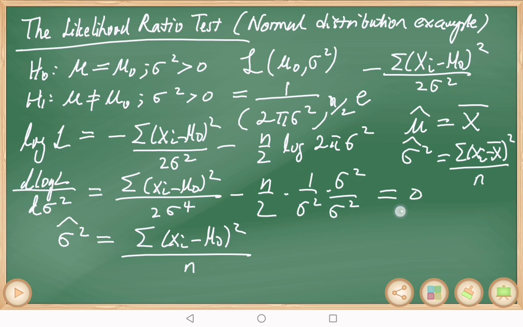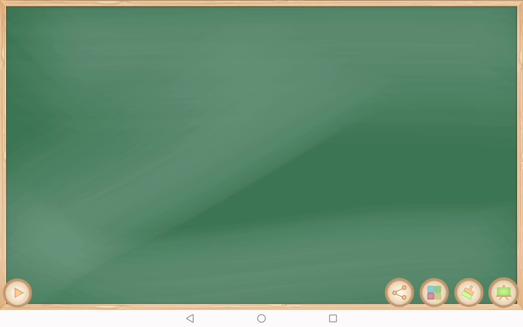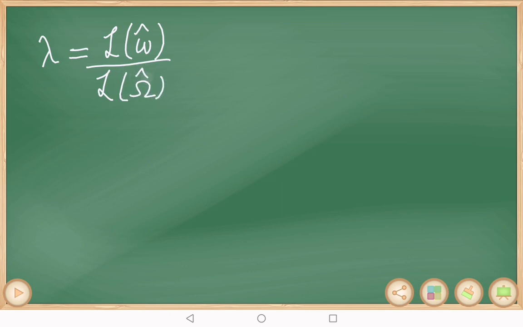So with these results, we can now specify the likelihood ratio. The likelihood ratio lambda is given by the likelihood function that's maximized under the null hypothesis over the likelihood function that's maximized under the alternative hypothesis.